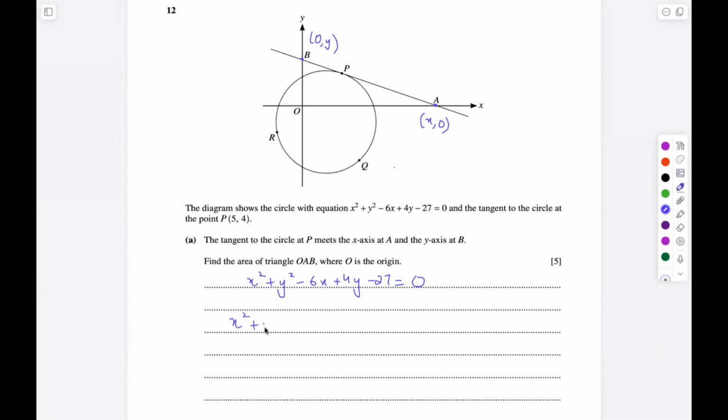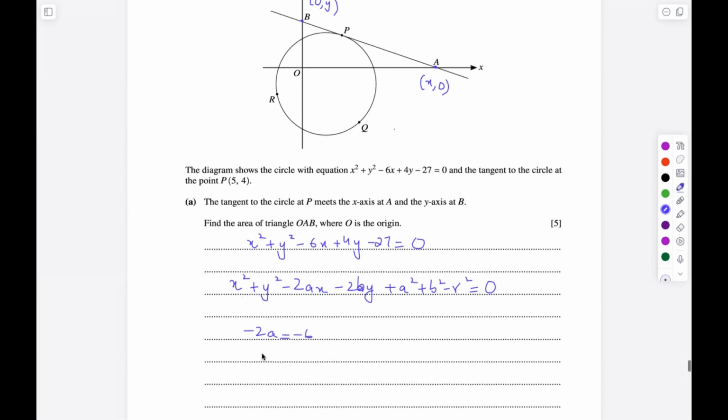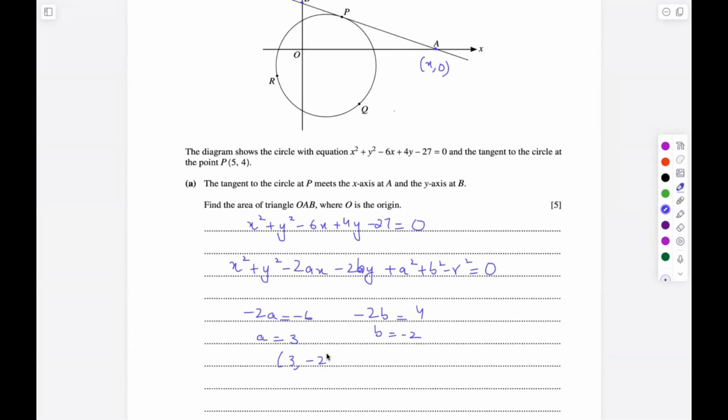The general equation for the circle is x squared plus y squared minus 2ax minus 2by plus a squared plus b squared minus r squared equals 0. So we can compare the coefficients. Minus 2a equals minus 6, so a equals 3, and minus 2b equals 4, so b equals minus 2. Now these are the center points of the circle, (3, minus 2).